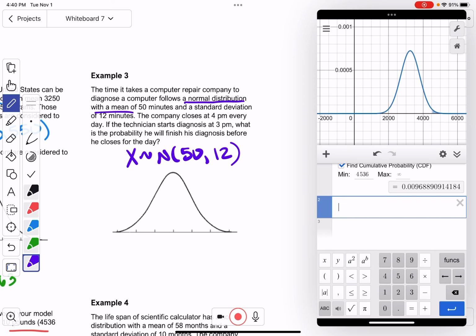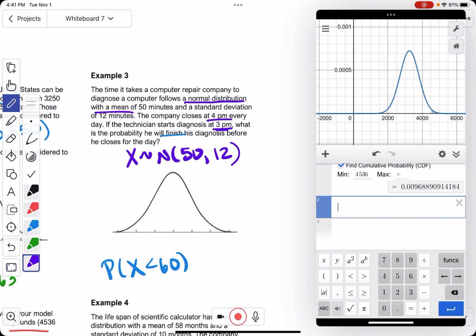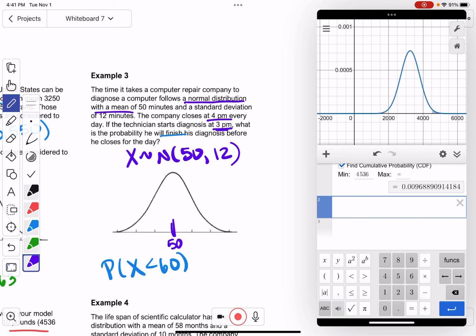If the technician starts diagnosis at 3 p.m., what is the probability he will finish his diagnosis before he closes for the day? Well, if he starts at 3 p.m. and they close at 4, that means he has exactly an hour to get it done. So the probability that he will finish means X has to be less than 60 minutes.